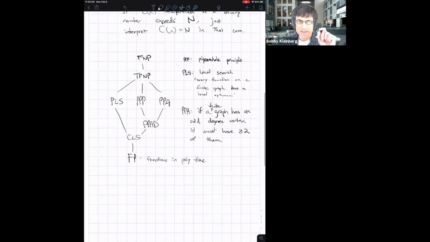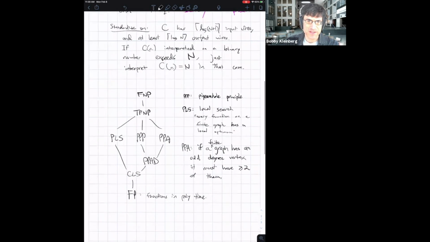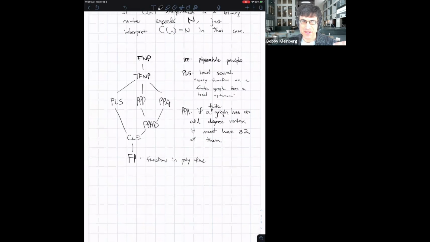But okay, each of these principles for proving existence theorems can be encoded as a computational problem of the same variety as the one that I did up here for the pigeonhole principle. That is, each of these has a natural encoding as a search problem whose input contains a description of a circuit or algorithm for computing something.